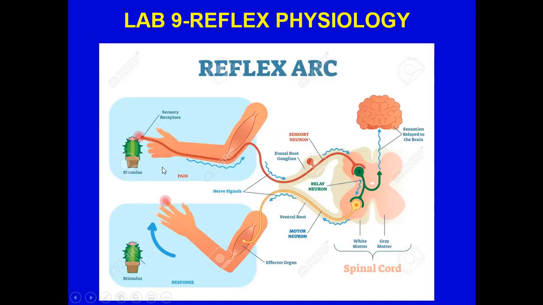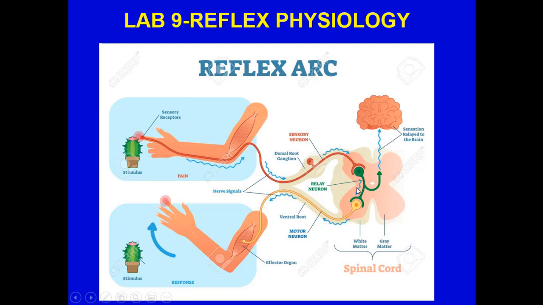Here we have a very simplified diagram showing it. Stimulus, poke your finger. Sensory receptors report this. Then this information is passed by sensory neurons up through here, eventually through the dorsal root ganglia to the sensory neurons in the spinal cord. Now there are going to be collaterals from this. Some are going to allow information to be passed up to the sensory processing centers of the brain.